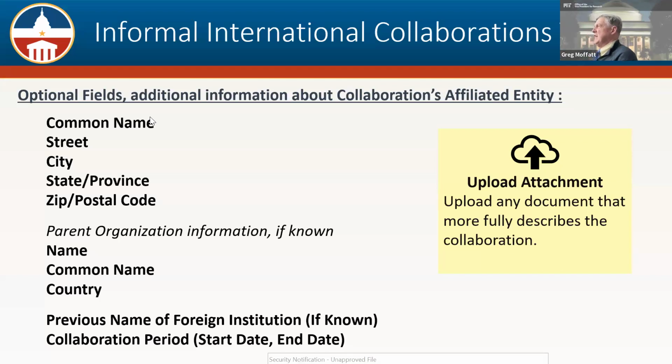The final thing I will say is, one of the values of this is that when the researcher puts the information in, we then save all that information in a database. So let's assume that 6 months from now, an organization or possibly a person who is not restricted at the time the researcher puts the information in goes on to some restricted status at a future date.